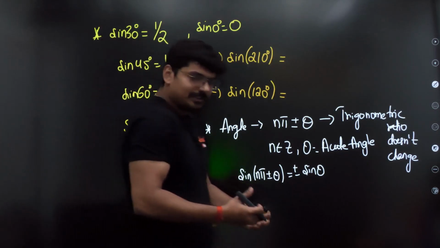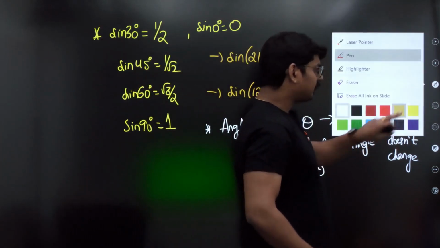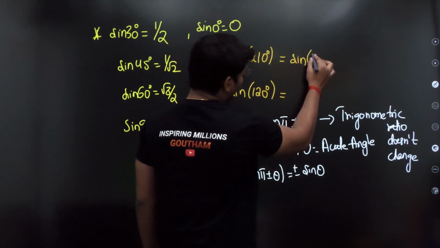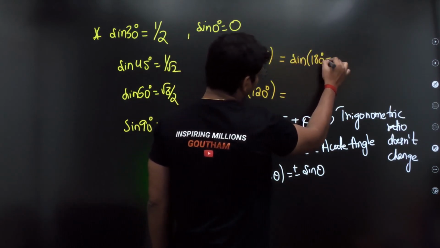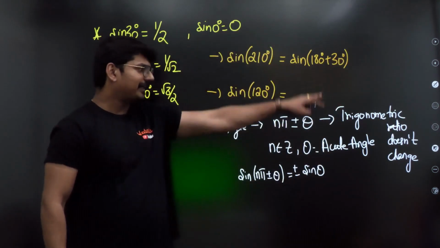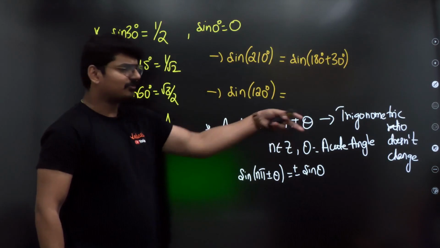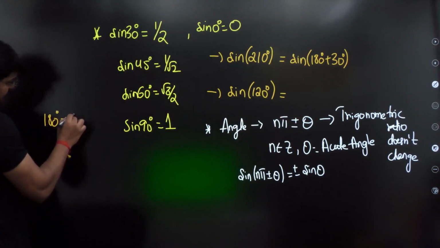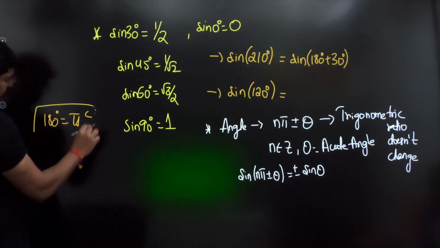So using that logic, sine 210, can I write it as sine of 180 degrees plus 30 degrees? Definitely. And what is this 180? 180 is nothing but pi, right? You have to know this. 180 degrees is nothing but pi radians. We already know this.